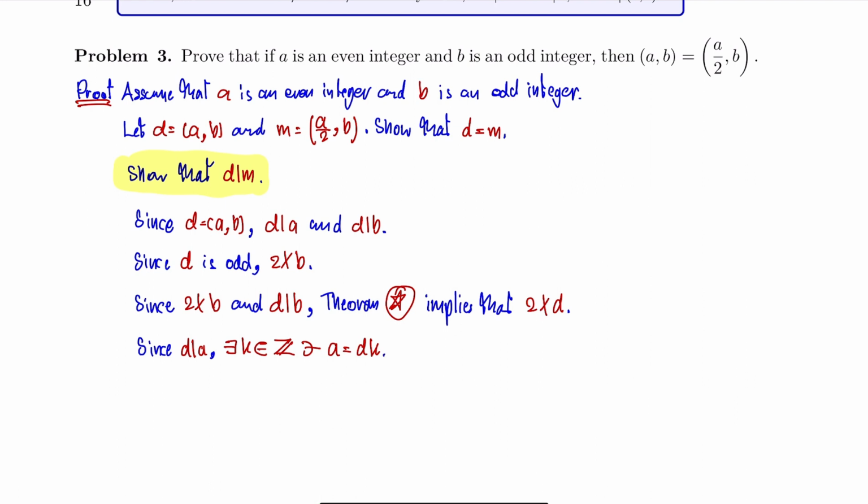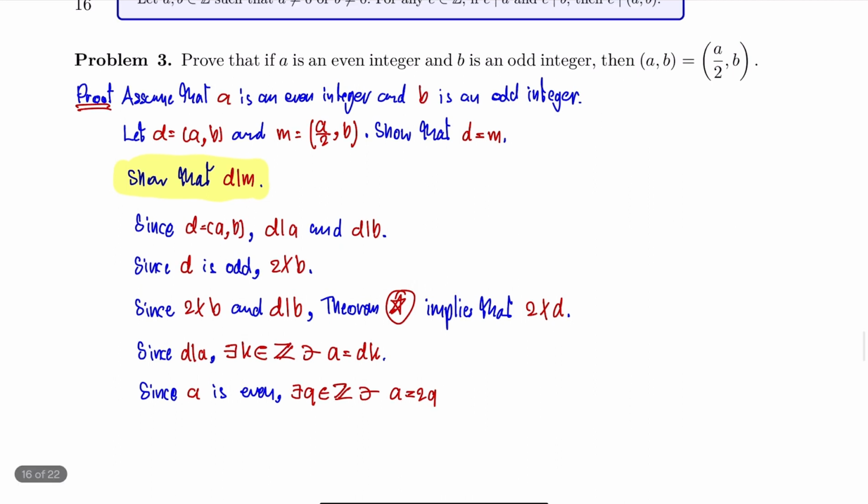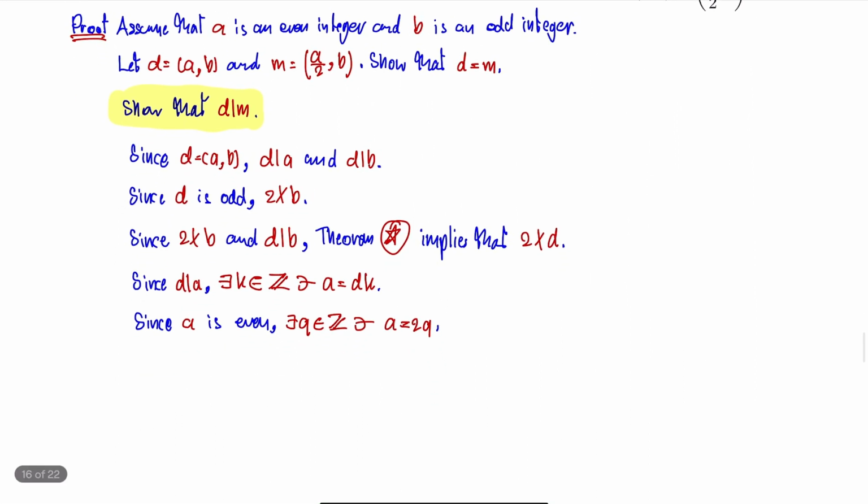And what is a? a is an even integer. So let me write it like this. Since a is even, we have an integer q such that a equals 2q.